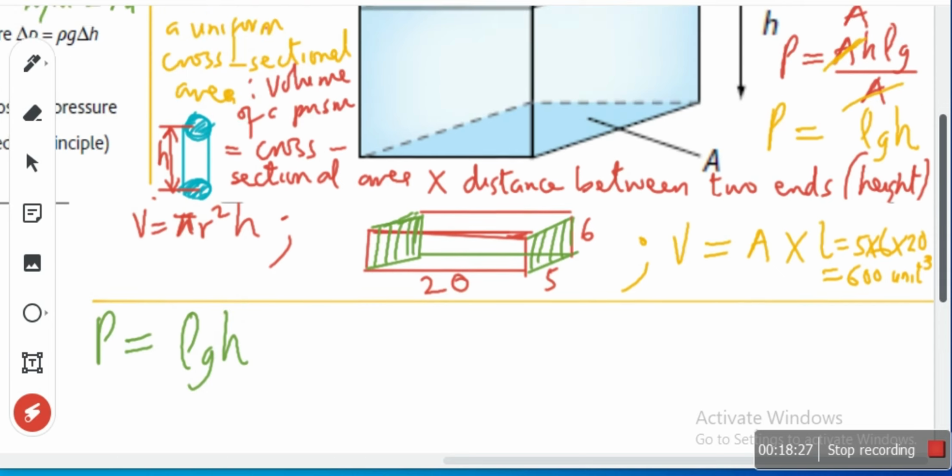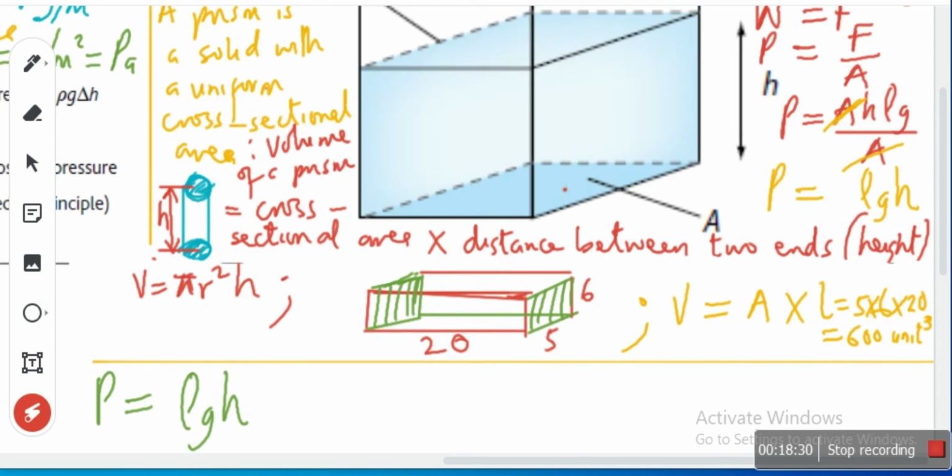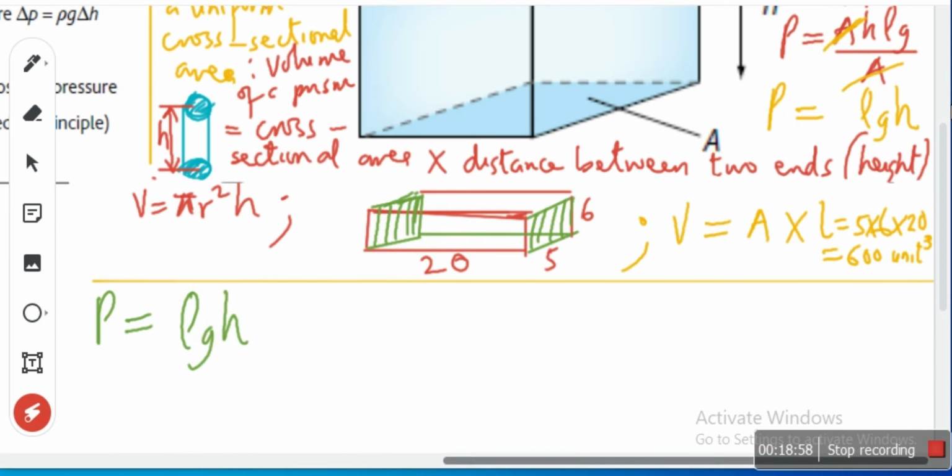The deeper you go in a fluid, the higher the pressure. Is that what I said earlier? All right. Also, if you have two fluids, the one with a bigger density will also have a bigger pressure, because pressure in fluid depends on density and depth. All right. I just need to point out this.